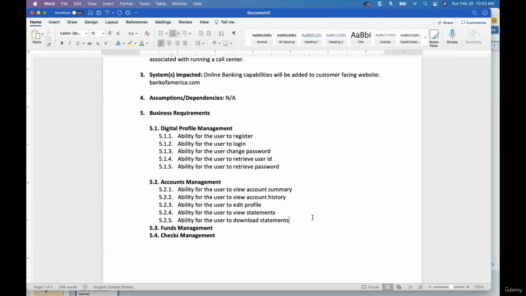A business requirement tells me what needs to be done. But what is it that it does not tell me? It says I want an ability for the user to log in. Can the developer do the coding just by this one line statement? It does not tell us how it is supposed to be. Perfect. And that is your job as a business analyst.